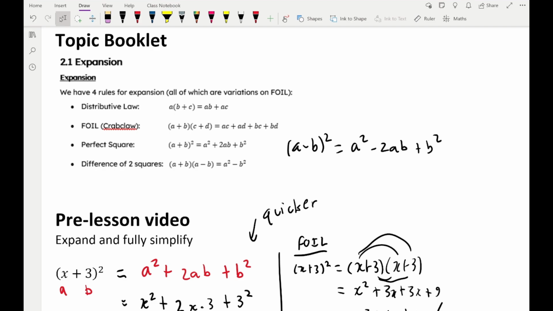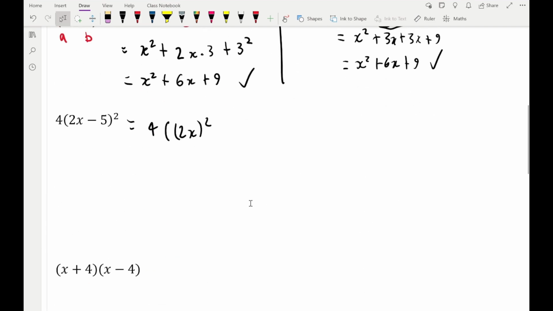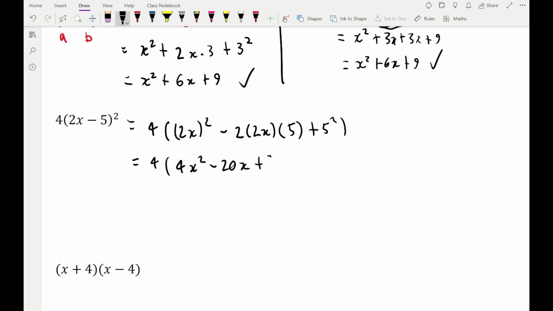That's the only difference. So let's look at this one. So I get (2x) squared, take 2 lots of 2x, lots of 5, and then I add on 5 squared. So I'm going to have 4 bracket, well, (2x) squared, I've got to square the 2 and I've got to square the x. 2 times 2 times 5 is going to give you 20, plus 25.